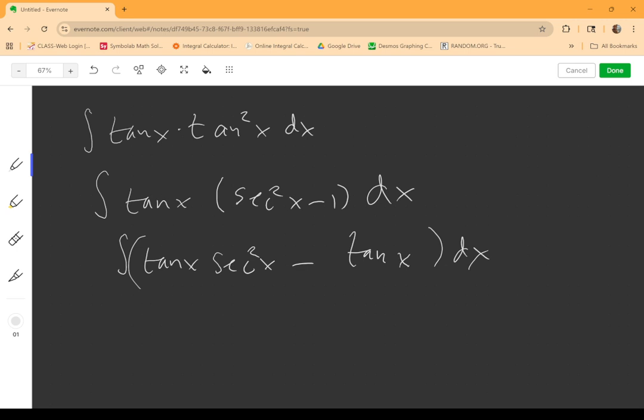The one here on the left is a substitution one. If the derivative of tangent is secant squared, then I can use a u sub to give me a power rule integral. So here we'll get actually tangent squared x over 2. And this one, which we did in class, is going to be the natural log of secant of x.